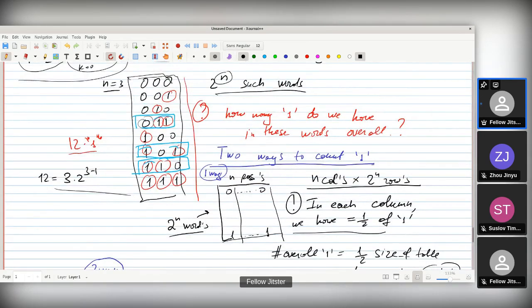For example, here we have 3 choose 2 multiplied by 2. So it is 6: 1, 2, 3, 4, 5, 6. Is it clear? Yeah.